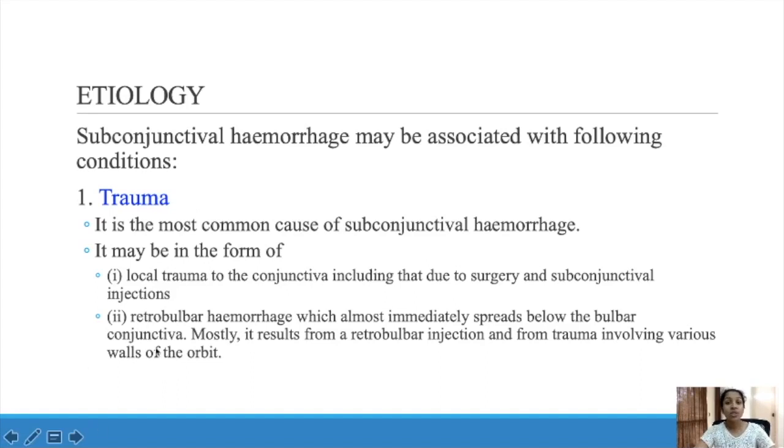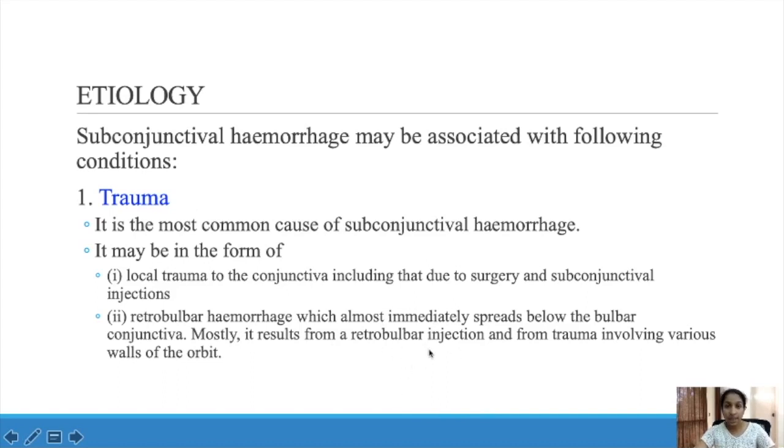The second one is retrobulbar hemorrhage, which can spread almost immediately under the bulbar conjunctiva. Mostly it results from retrobulbar injections.